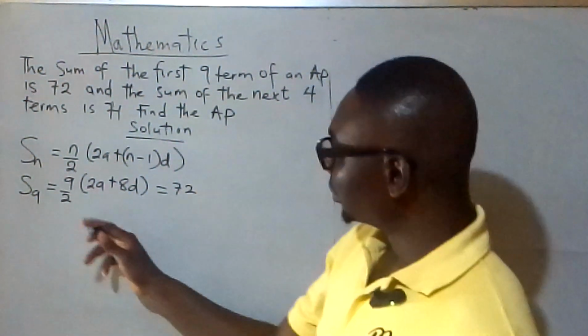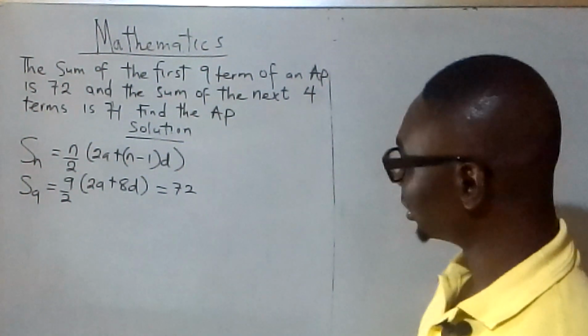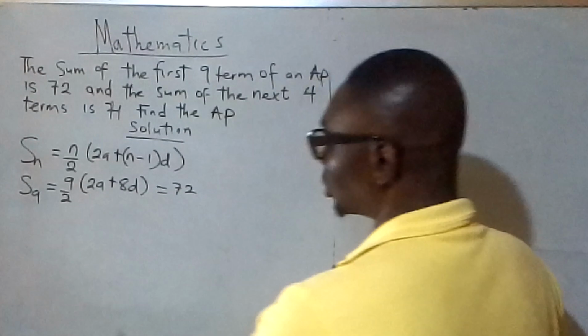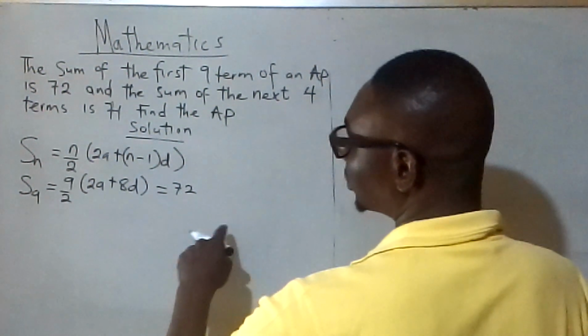Now, we need to simplify this equation. We multiply by 2 all through to simplify.